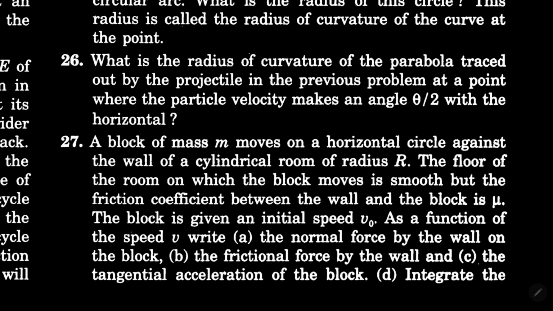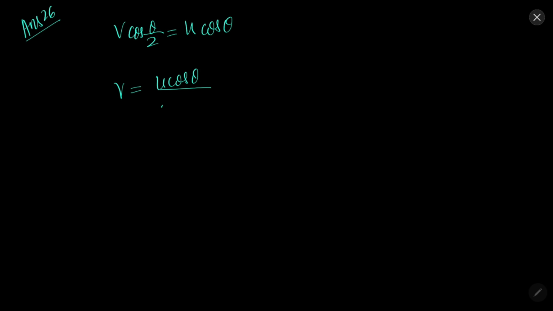In question 26, we need to find the radius of curvature of the parabola traced out by the projectile in the previous problem at a point where the particle velocity makes angle theta by 2 with the horizontal. 26th. So when this is the scenario that we are having, v cos theta by 2 equal to u cos theta, so v equal to u cos theta over cos theta by 2.